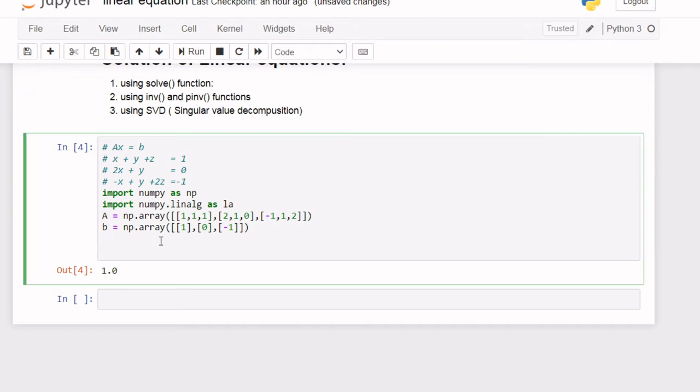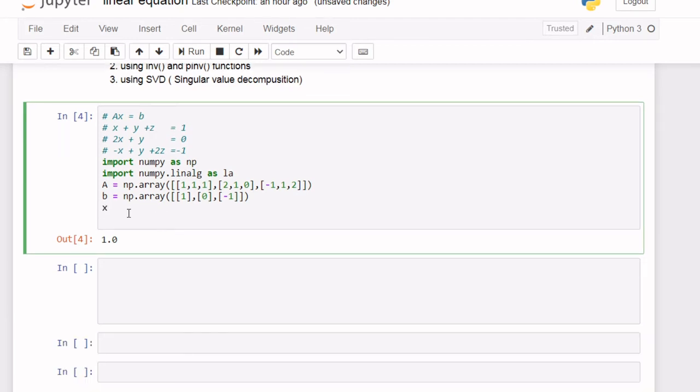Now we are going to find the solution. We define x as la.solve, and we give these two matrices as input.